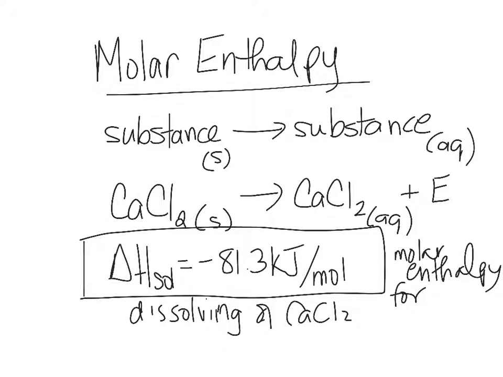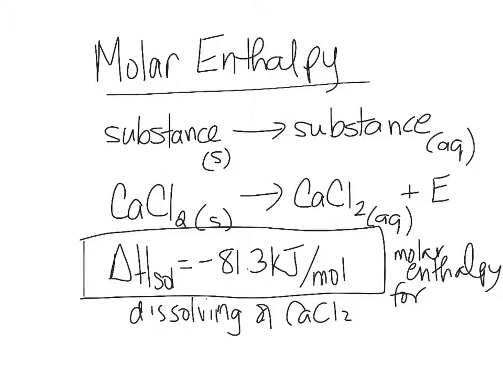What's the mass of 1 mole of calcium chloride? How would you figure that out? If I say you take 1 mole of calcium chloride and you dissolve it, you get 81.3 kilojoules of energy released.